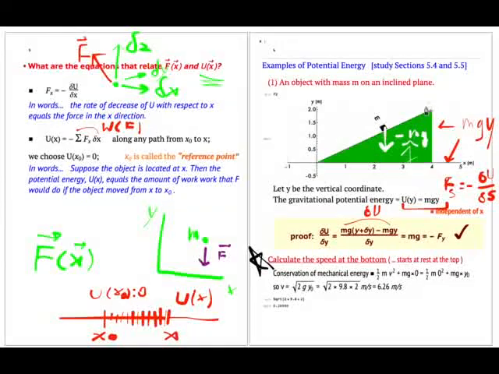So it starts here, not moving. That's some height y0. If I look at the graph, it's 2 meters. So it starts with y equal to 2 meters and x equal to 4 meters, and it's not moving. So I'm holding it at this point.